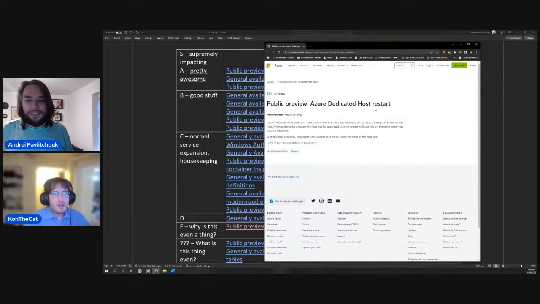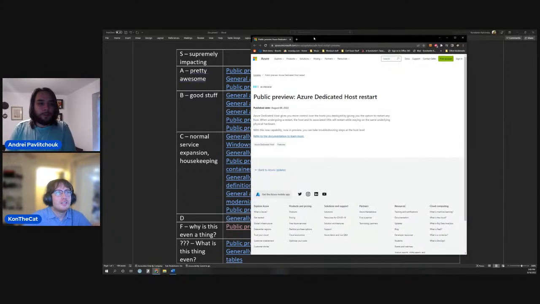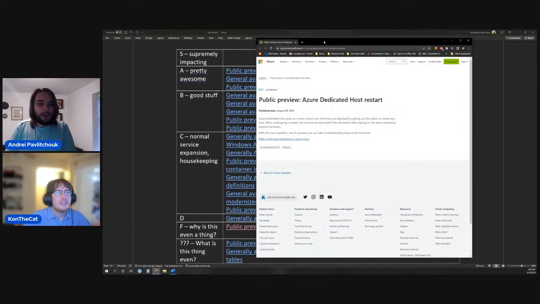So I put this at F tier because if you're going to be getting a dedicated host, that's the hardware that's for you, maybe rebooting that should be a part of the service from the beginning. I guess it's one of those where you have a VM and then, for example, it's failed or whatever, and you need to actually stop and get it on a different host.